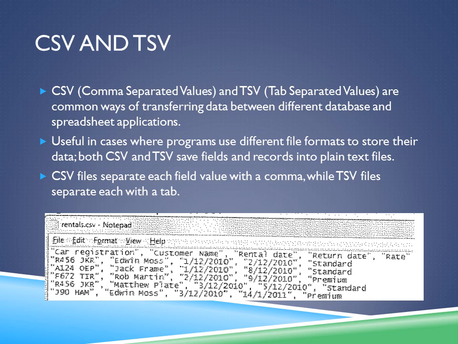CSV files separate each field value with a comma, while TSV files separate each with a tab. CSV and TSV are sometimes referred to as comma or tab delimited values. And as you can see below, this figure shows records that are exported as CSV. It shows a rental database, and each record is on a separate line with the first line containing the field names, and fields are separated by commas.